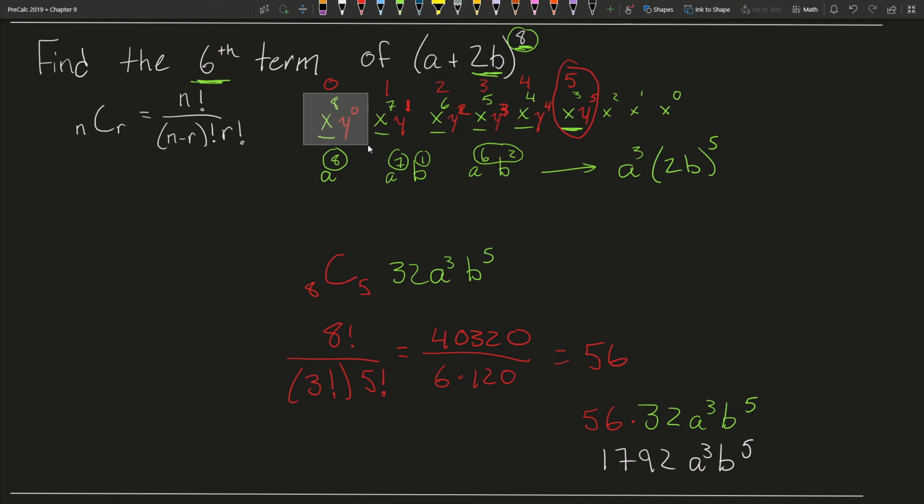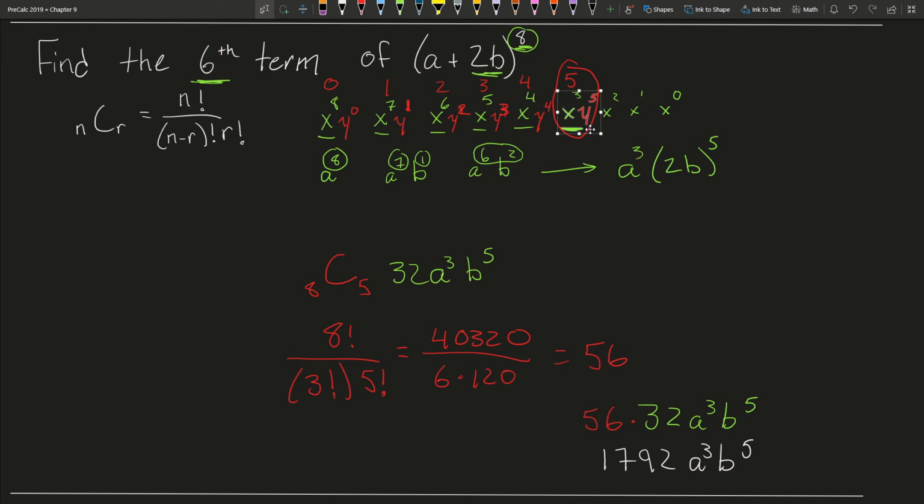So this is the first term, even though when we talk about it later, it's the zero term. So for the variables, this is the first term. This is the second, third, fourth, fifth, and then this is the sixth. So when we follow that exponent pattern, we'll get x cubed y to the fifth.